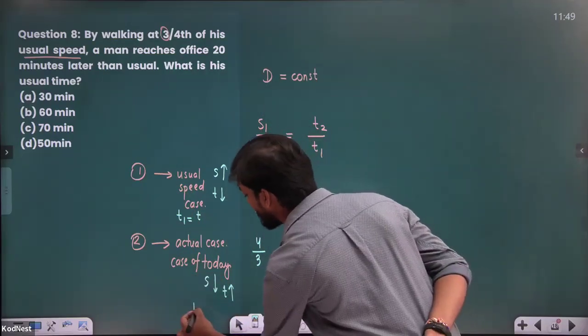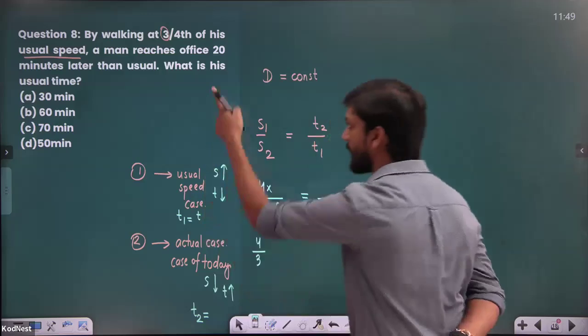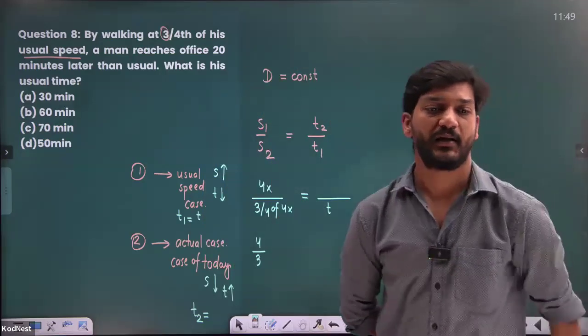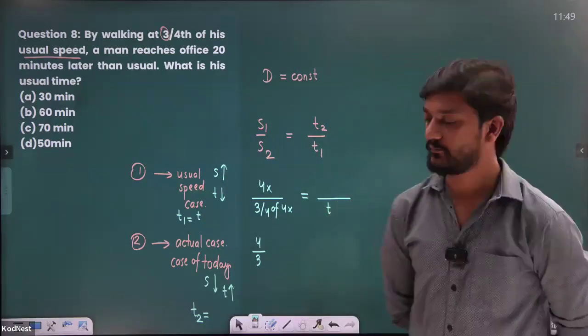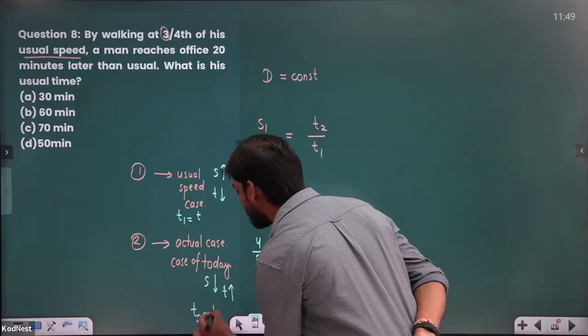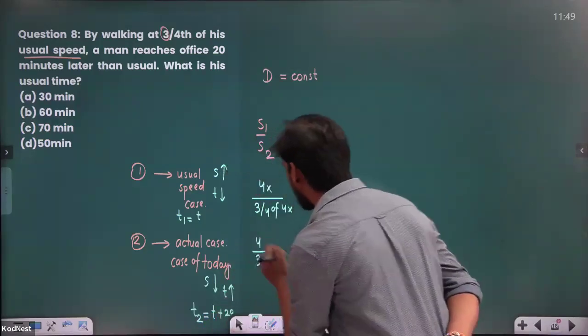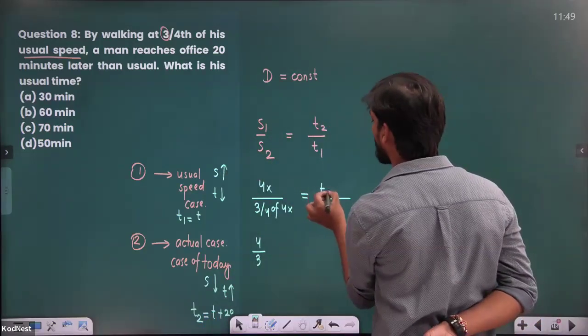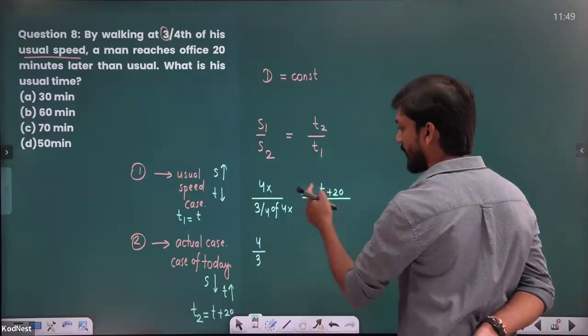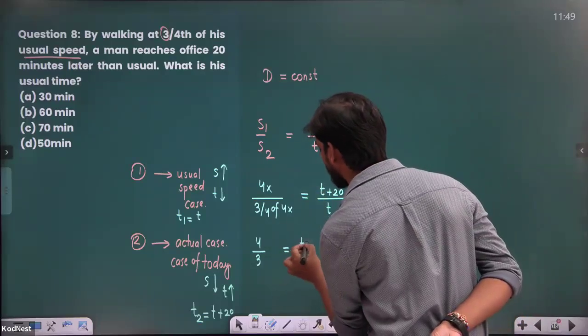So carefully answer. T2 equals how much? Read the question and tell. T2 equals T plus 20. Okay, so T2 equals T plus 20. Now solve it, please.